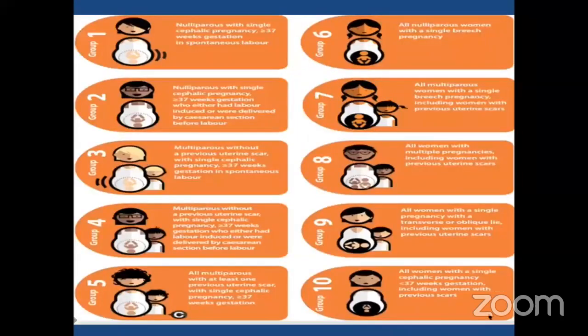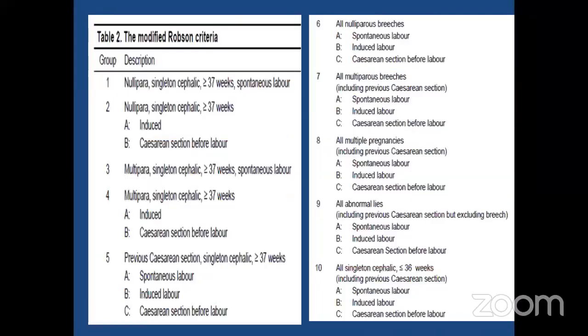So I think everybody knows all these groups. I'm not going to read out all of this, which will probably be very boring, but I'll go on to what is relevant to the topic of cesarean sections here and now. So this is again the whole thing about the Robson's classification, the 10 groups.